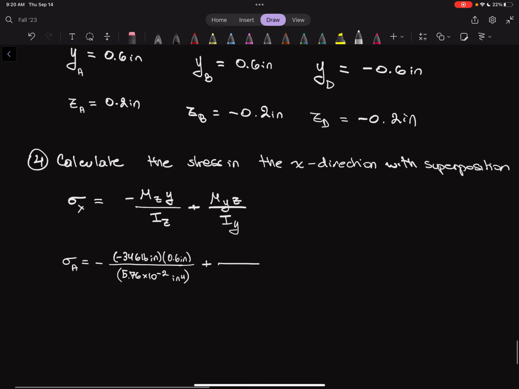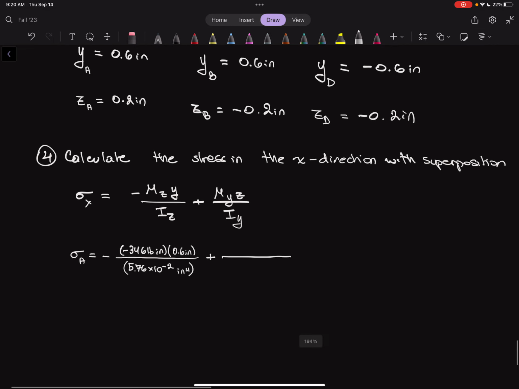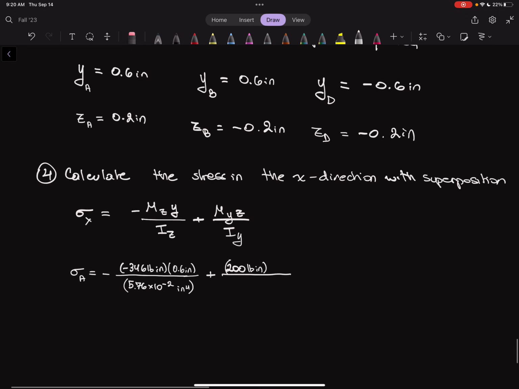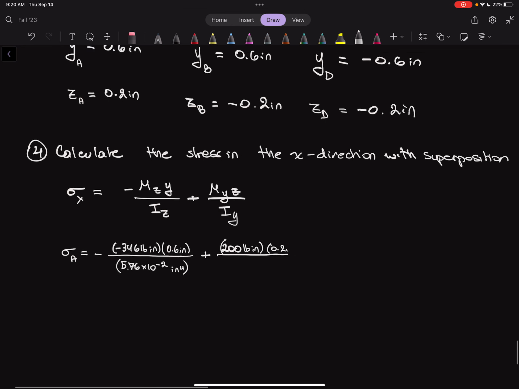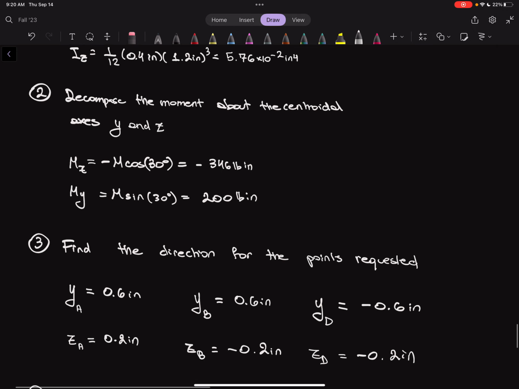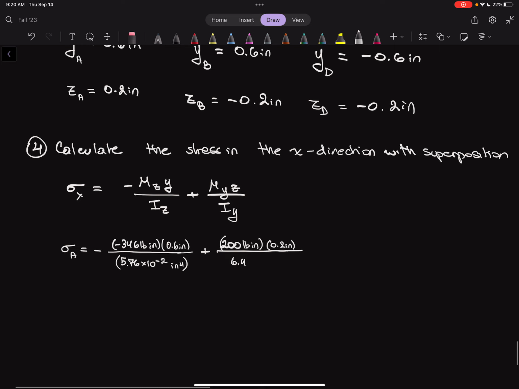And then I'm going to add my My, which is 200 pound inches, times our z at A, which is 0.2 inches, all of that over Iy, which is 6.4 times 10 to the negative 3 inches to the 4th.